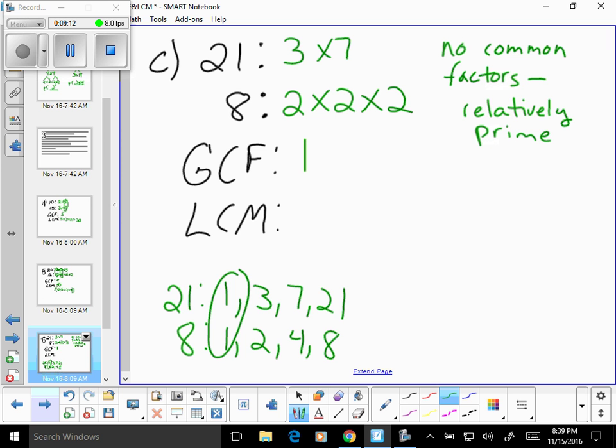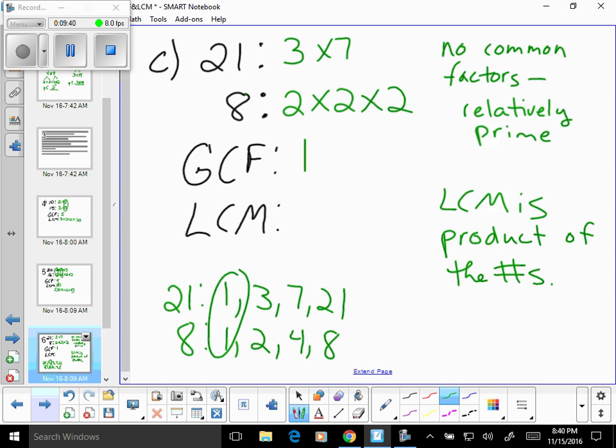Now, notice that since there are no common factors, my LCM is the product of the two numbers. So if the numbers are relatively prime, the fastest way to find your LCM is to simply multiply 21 times 8.